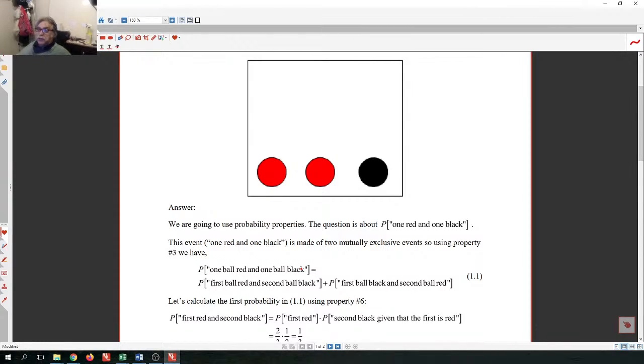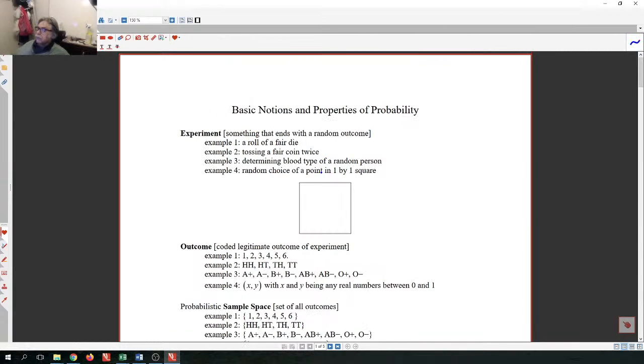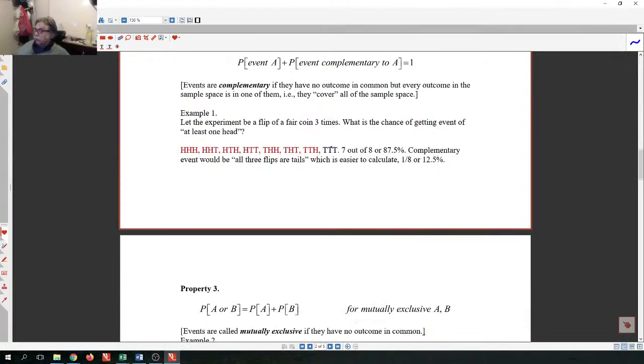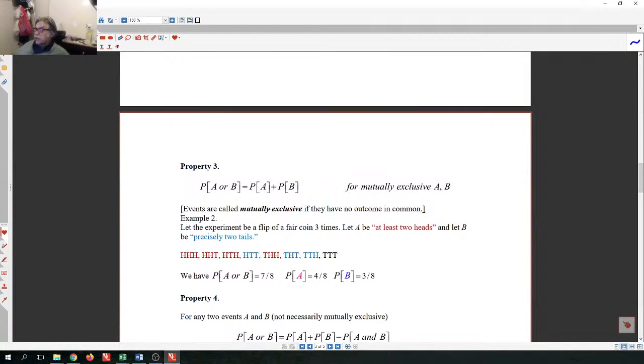So using the property number 3, it says if you have first red and second black, and or first black and second red, those are 2 mutually exclusive events. You can either have a first black or red.